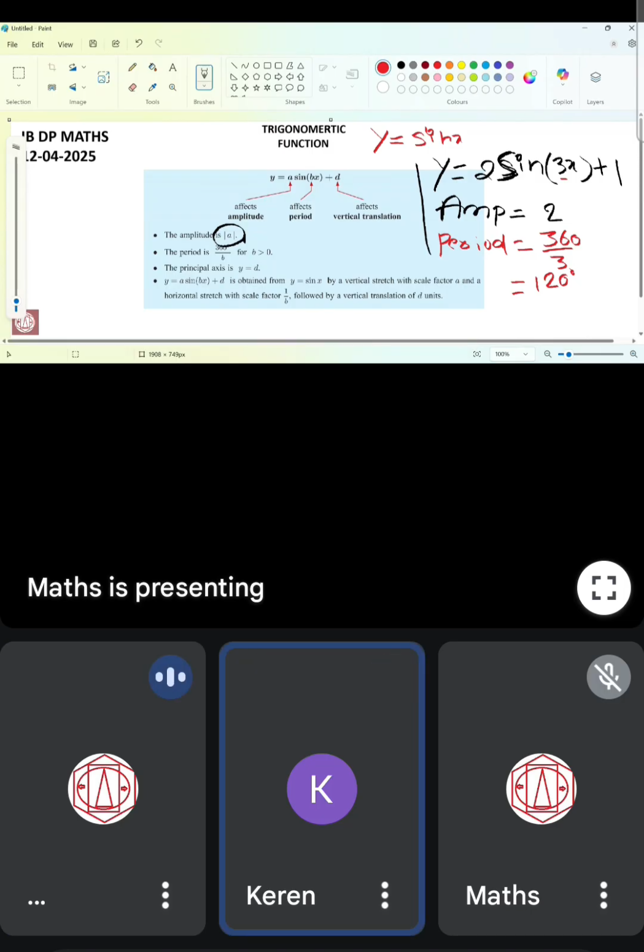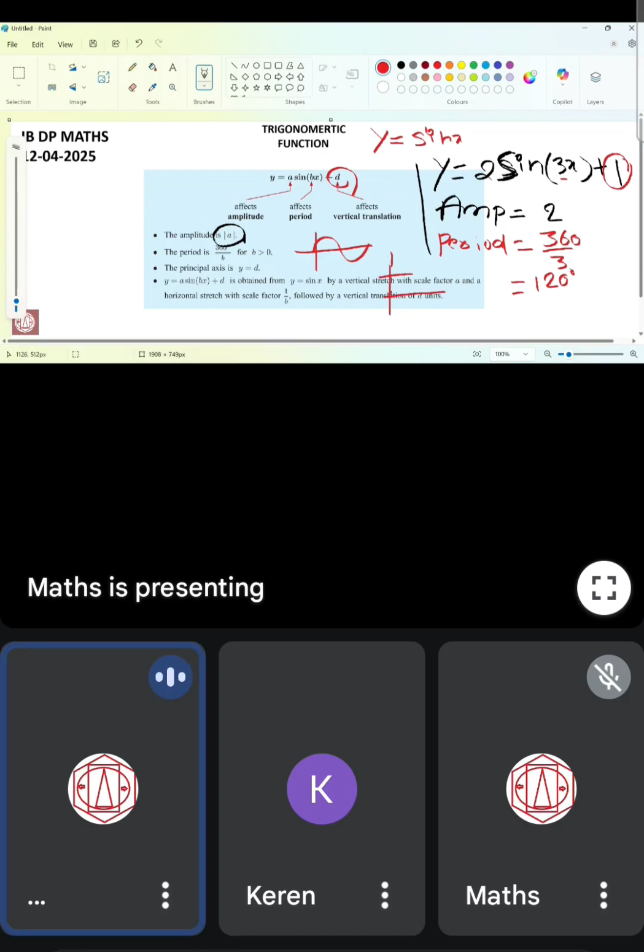Now the principal axis or vertical translation is denoted by d, right? So in this case, the vertical translation is 1. So what will happen is that the graph will shift 1 unit up. You have seen that the sine function was like this, right? When you shift this by 1 unit, this will go 1 unit up.